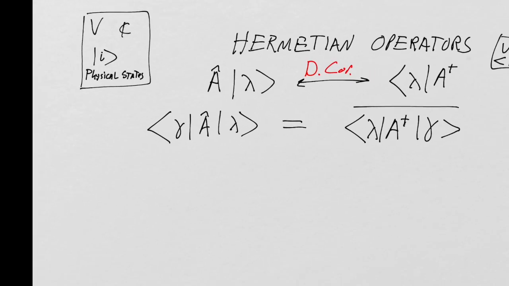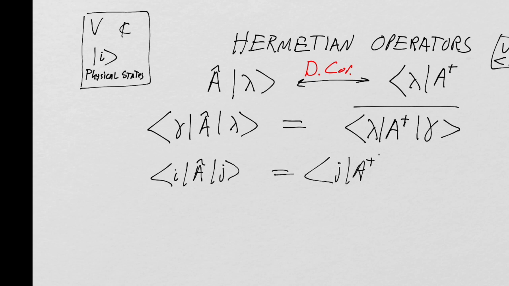If we replaced gamma and lambda with basis vectors, we would write something like <i|A|j> equals <j|A adjoint|i> conjugate. The left side we would literally define as the matrix element A_ij, and the right side we would define as the adjoint matrix element conjugate, (A adjoint)_ji conjugate.